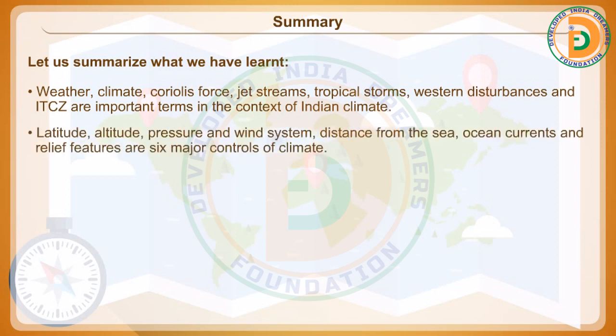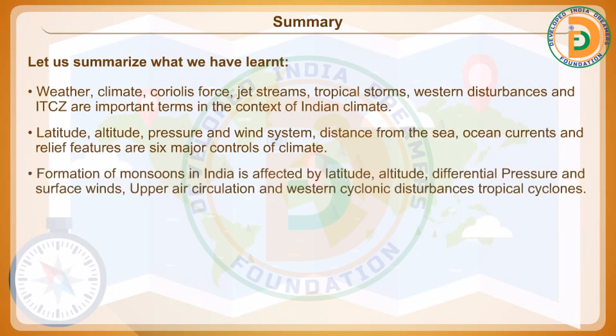Latitude, altitude, pressure and wind system, distance from the sea, ocean currents and relief features are 6 major controls of climate. Formation of monsoons in India is affected by latitude, altitude, differential pressure and surface winds, upper air circulation and western cyclonic disturbances, tropical cyclones.